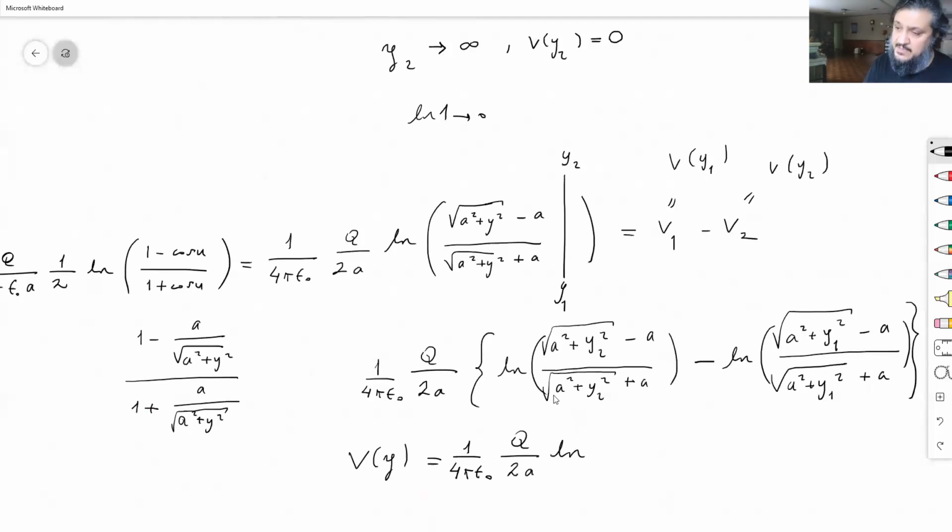Remember, so far I'm not really imposing a condition on a and y. They're really arbitrary here. I only took y2 to infinity, and then y1 is just renamed to be y. And here I will have square root of a squared plus y squared plus a, divided by same thing minus a.